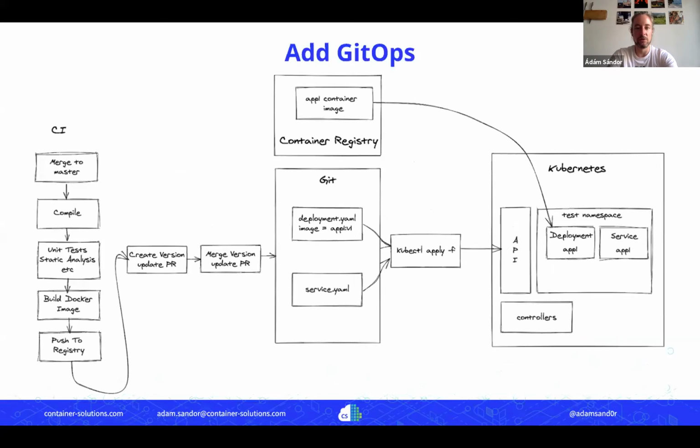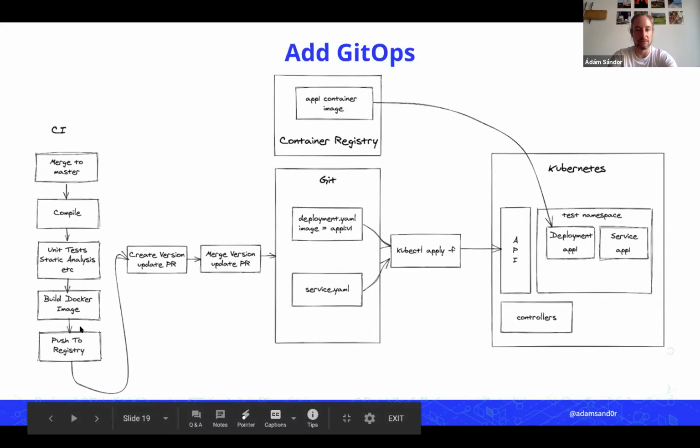So if we look at the full picture with the CI/CD pipeline, basically what happens is we release the application, compile it, build a Docker image, and push the Docker image to the registry, which is up here. There isn't a line there, but never mind that. From this, the push to the registry actually goes there.